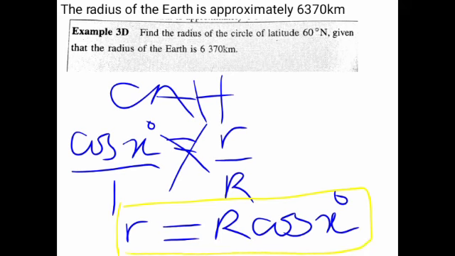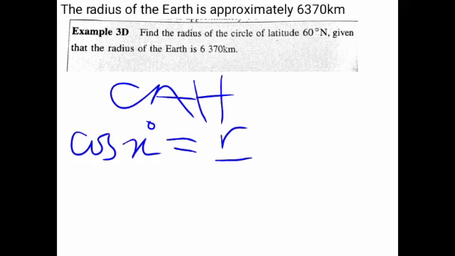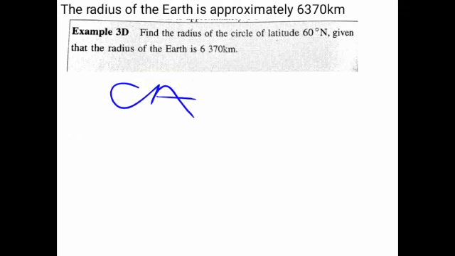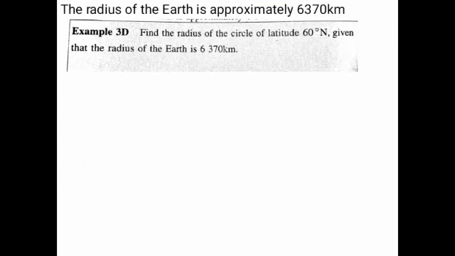Okay, let's try and see how we can use it in a real situation. I got a question here for you. First, before we get into the question, take note of the radius of the Earth on top here.